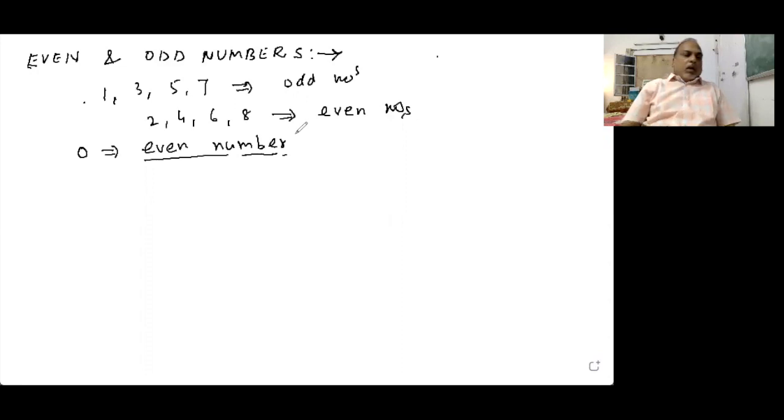Now, let us see addition and subtraction of even and odd numbers.